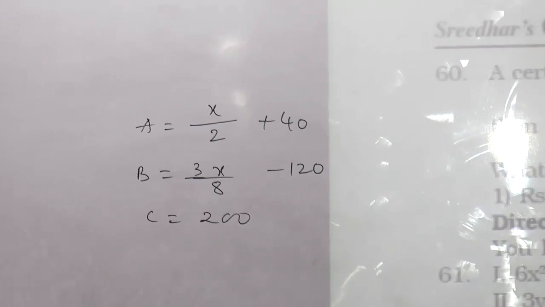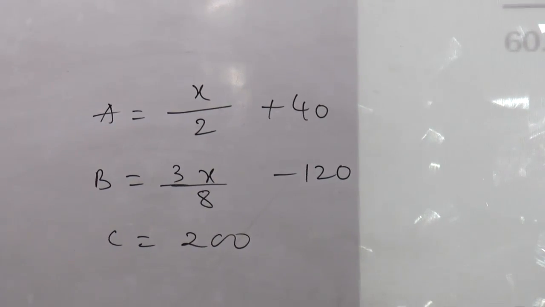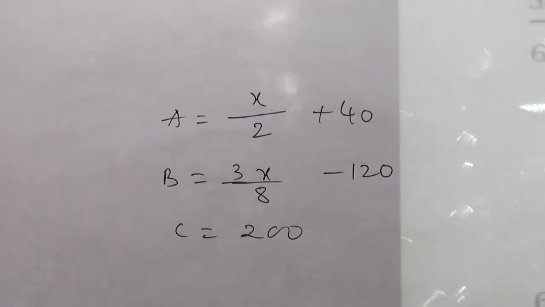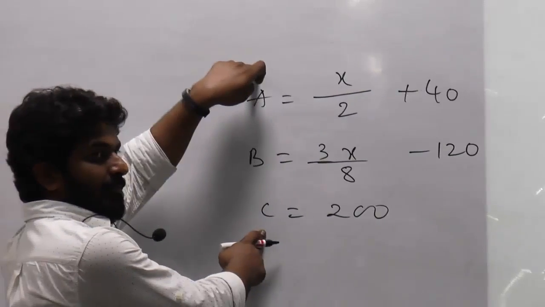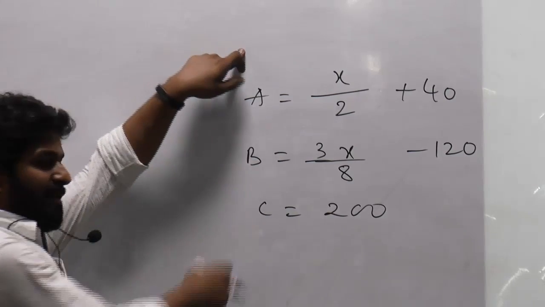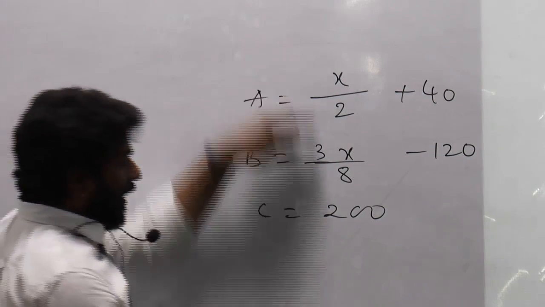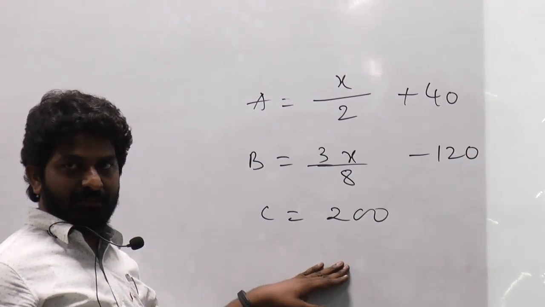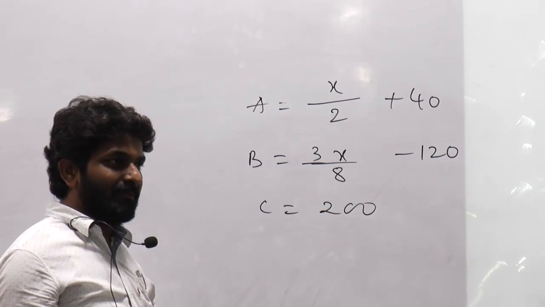What is x? It is the sum of amounts received by A, B, C. So when you add everything, that should be equal to x. Add all these values. Solve the linear equation, we'll get the x value.